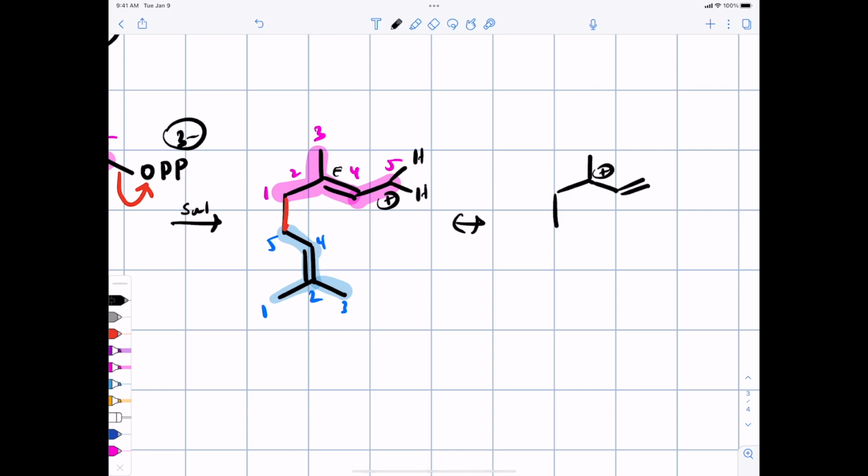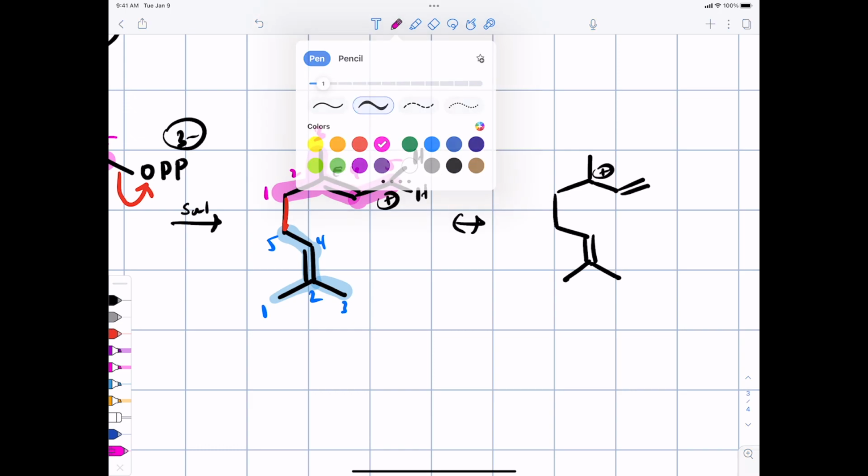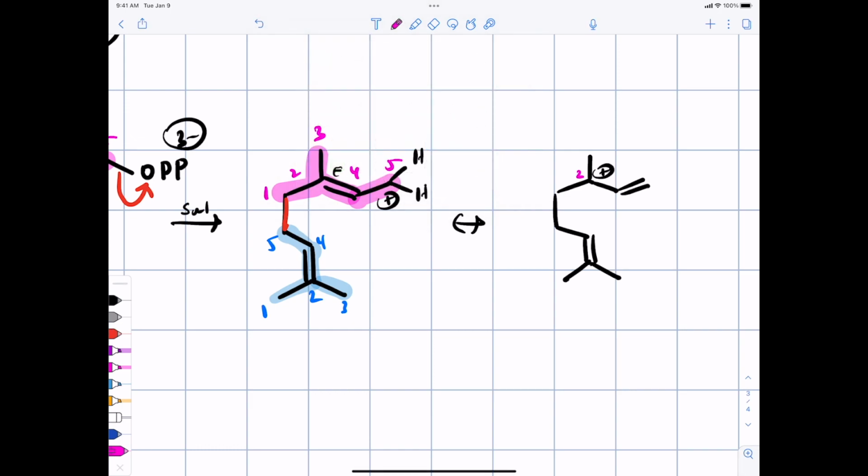Now you may be looking at that at this stage and say, great, now we've got a single bond between pink carbon 2 and pink carbon 4, so that we can simply rotate around that bond and bring pink carbon 5 down closer to blue carbon 4.